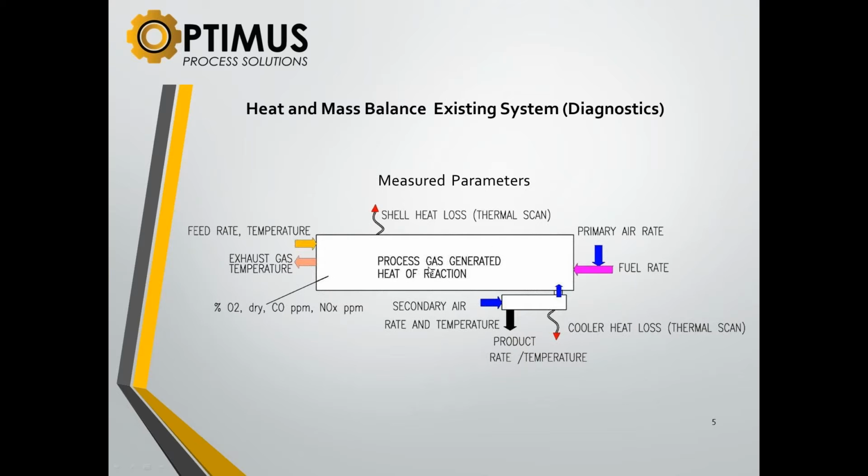It goes into the product, but it's still there. What went in has to come out. So when the product comes out of the cooler, the secondary air got heated up by the material to cool it down. So all these interactions is how you develop a heat and mass balance.